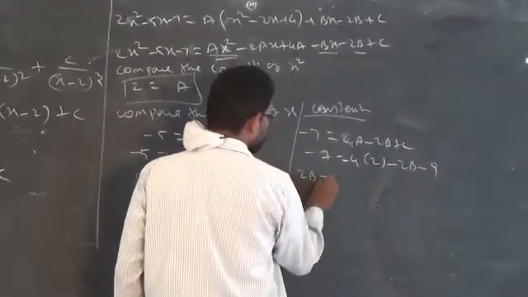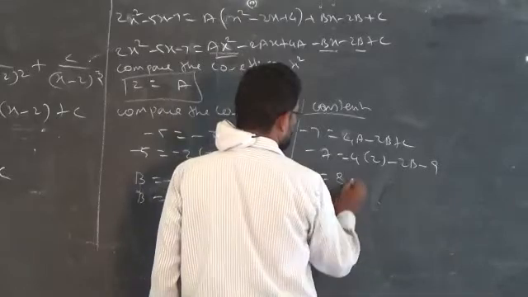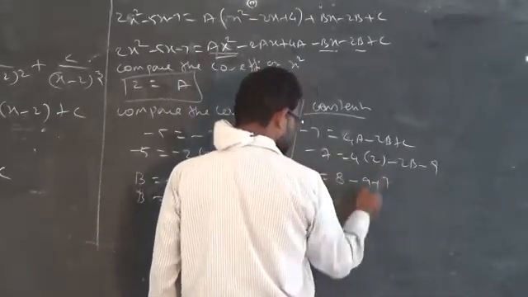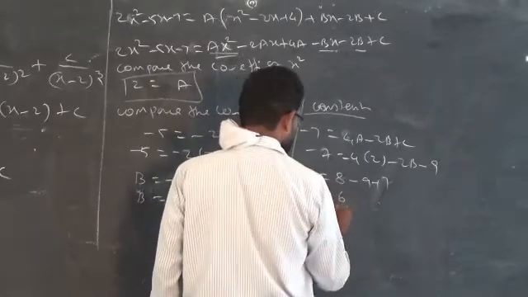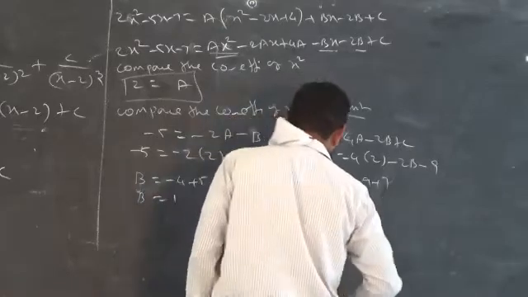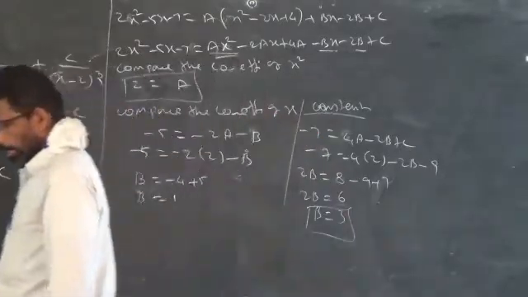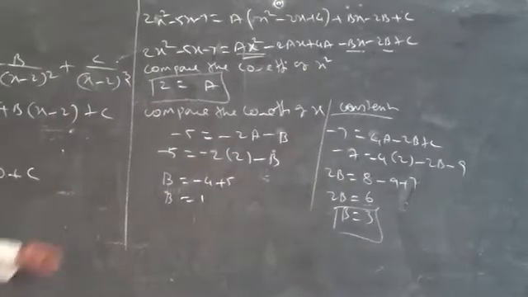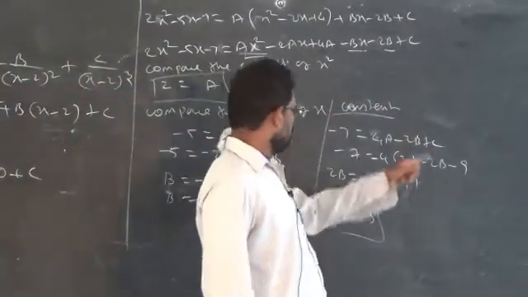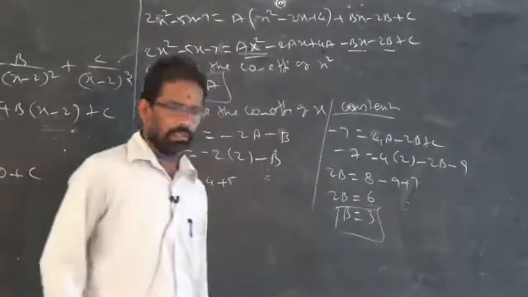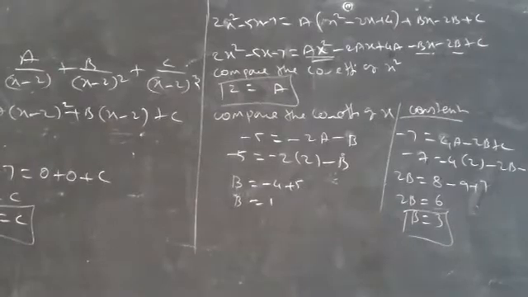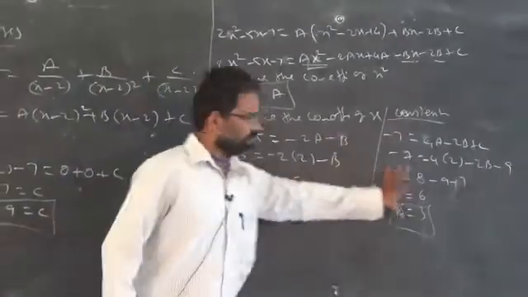Transferring, 2b is equal to 4 2s are 8, 8 minus 9 plus 7, simplify, it is minus 1, that is 2b is equal to 6, b is equal to how much? 3. So by comparing the coefficient of x, I got b is equal to 1, whereas by comparing the constant I got b equal to 3. I leave the choice to you which one is correct, because this is simple calculation.